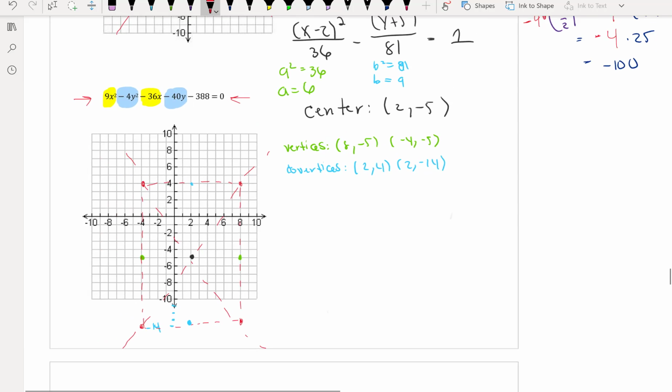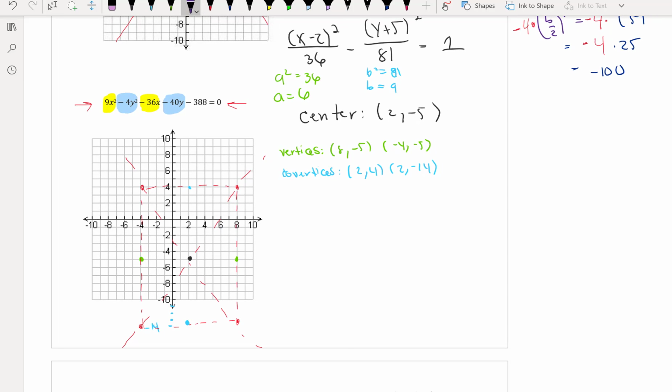And since x came first, this is going to be along the x-axis. And that is how I draw my hyperbola. And the only thing I have left now is the foci.